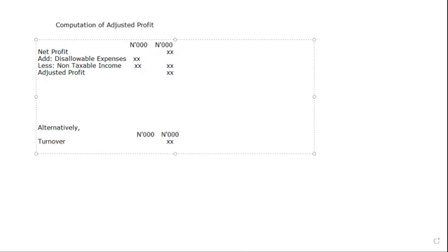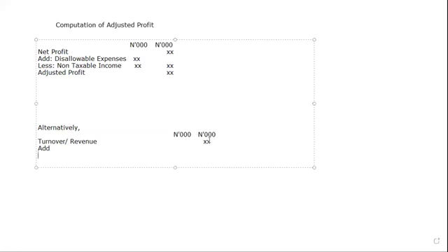Turnover or revenue, right? Less allowable expenses. Sorry, let me start from the add.